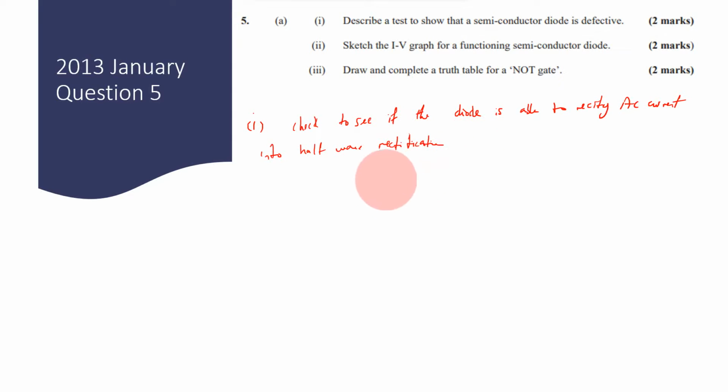And what we mean by that: AC current looks like this. It alternates back and forth, and so on. Now, if we were to set up a circuit, we could connect a diode in the circuit, which would look something like this. This is your AC current.